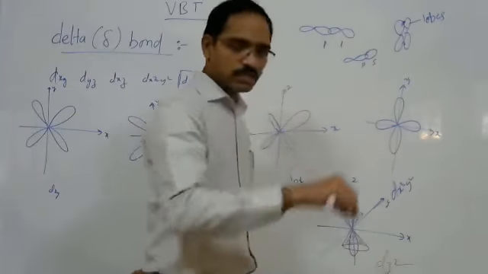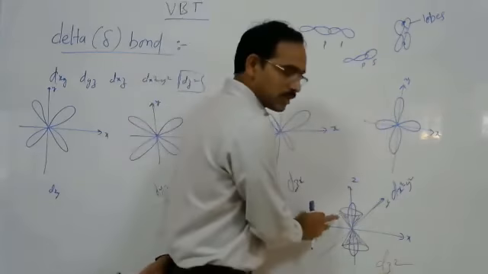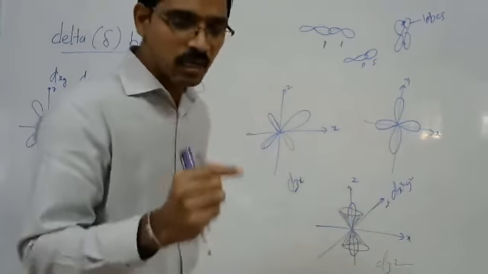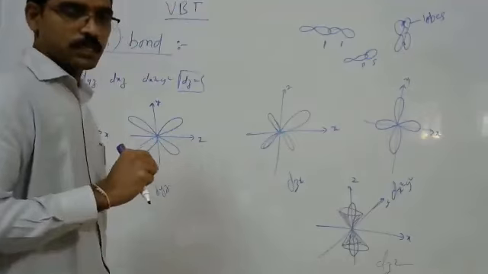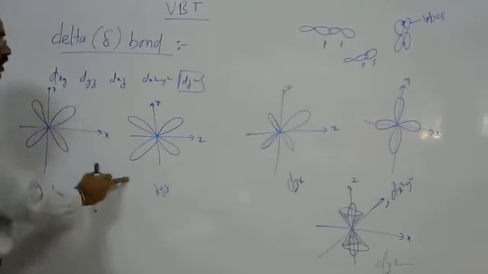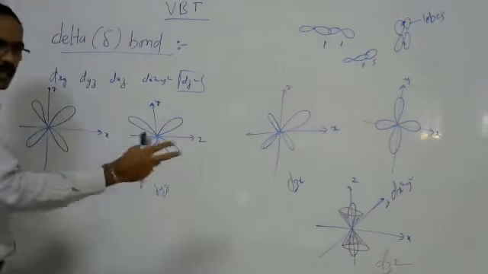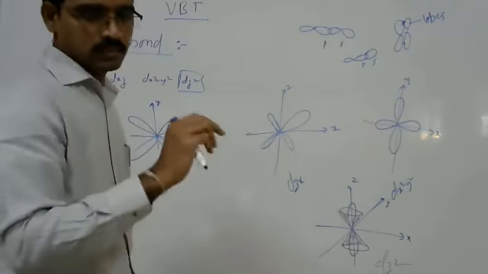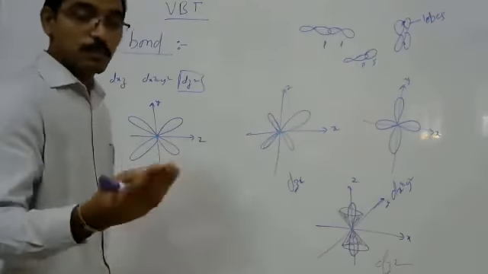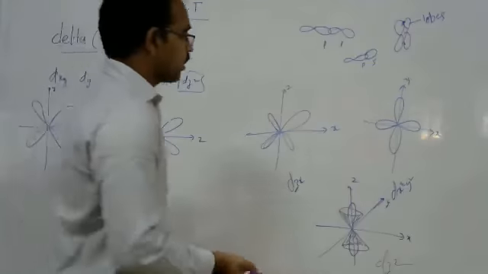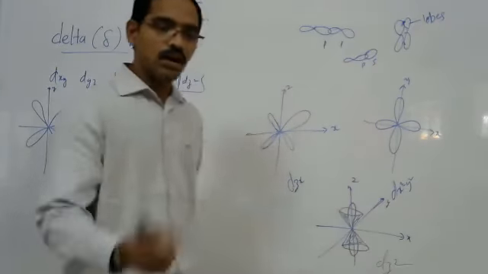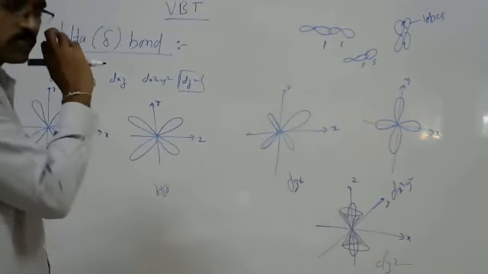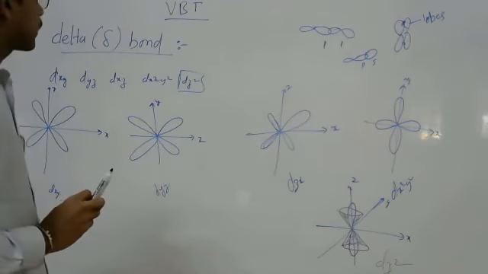And one more thing, in dz square only one letter is there, that's why it is not a double dumbbell shape. The xy, yz, zx are similar, same energy. Sorry, those are placed on the planes. Now x square y square and z square are on the axis. All five, right.